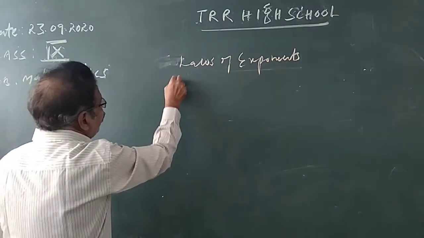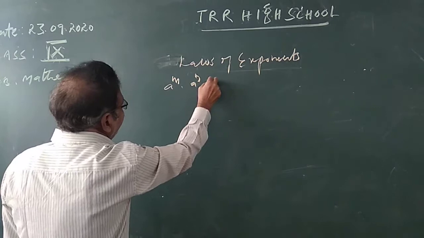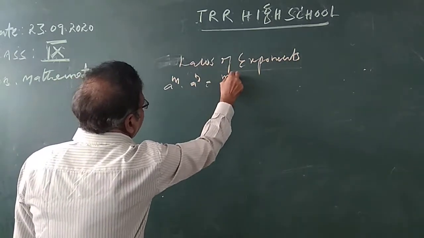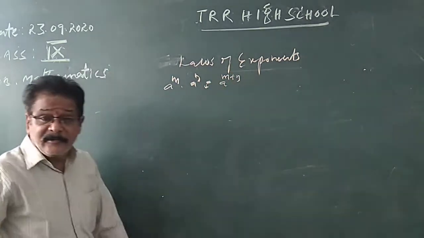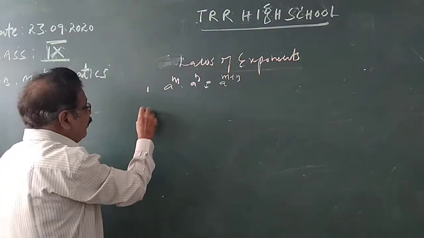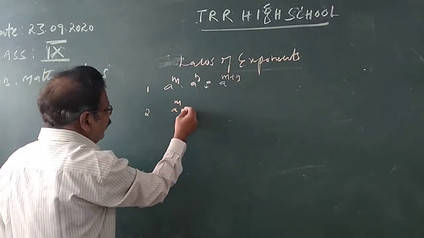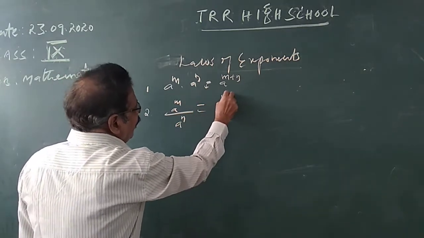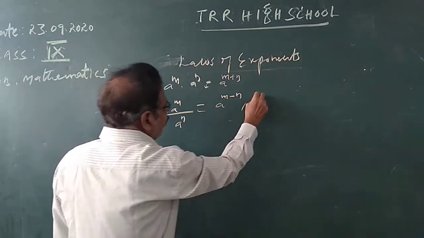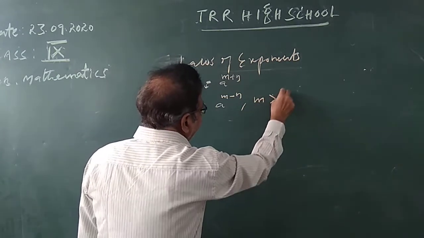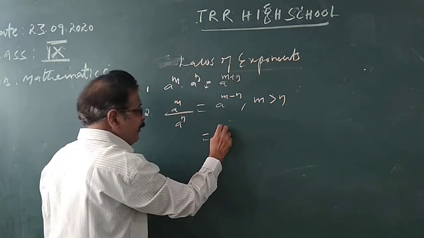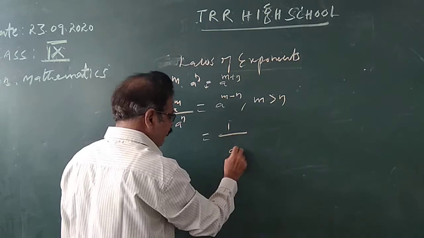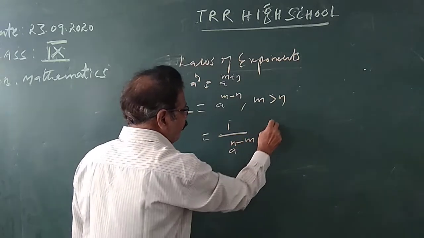a to the power of m into a to the power of n equals a to the power of m plus n. Second, a to the power of m divided by a to the power of n equals a to the power of m minus n when m is greater than n. When m is less than n, it is 1 by a to the power of n minus m.